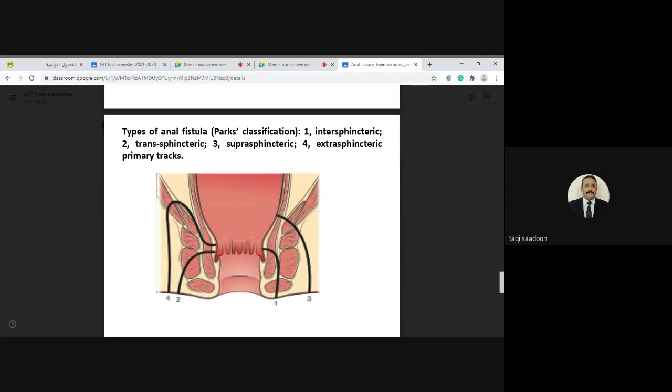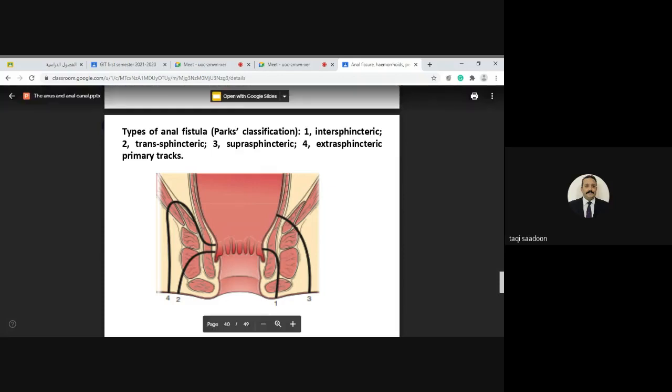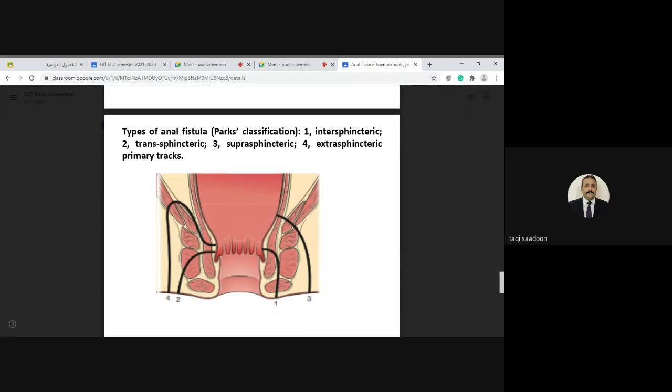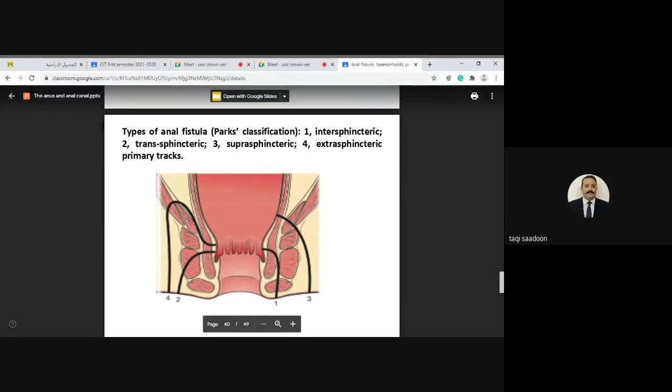This transsphincteric is very important because if not treated appropriately it will end with incontinence. If you cut the external sphincter, you end with incontinence. And number 3, suprasphincteric. And number 4, extrasphincteric. So these are the classifications of perianal fistula.